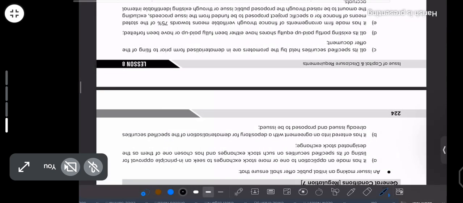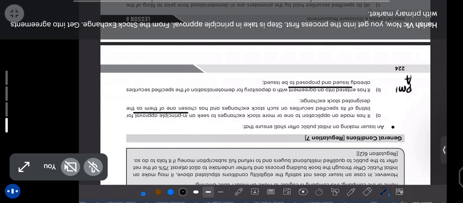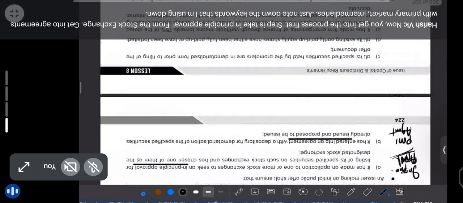Now you get into the process. First step is take in principle approval from the stock exchange. Get into agreements with primary market intermediaries. Just note down the keywords that I'm writing down. Take in principle approval from stock exchange.